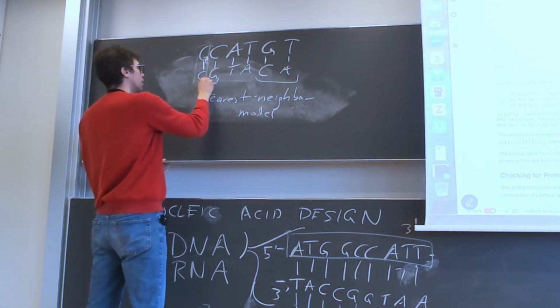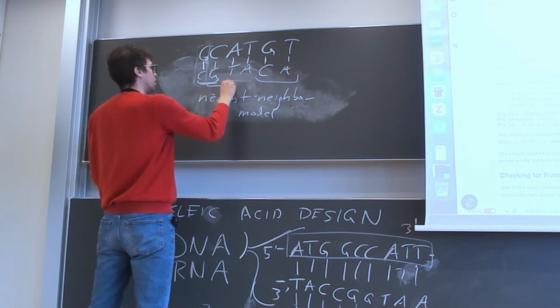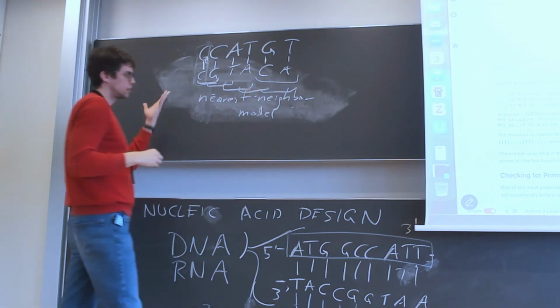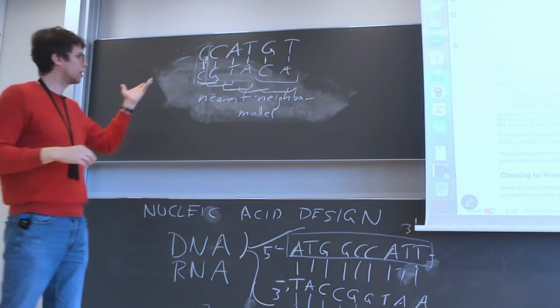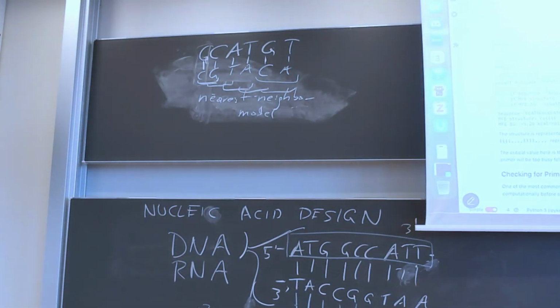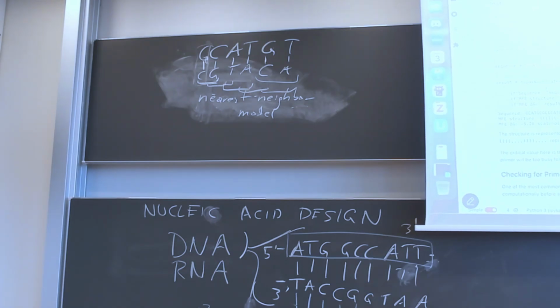So the things that you sum up are one term here, one term here, one term here. So that's still a linear number of terms, but it's one more than you would expect if you just added up all the individual base pairings. And we'll not go into why that is.